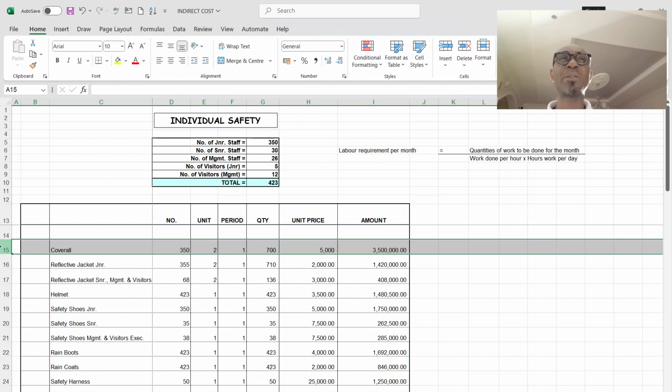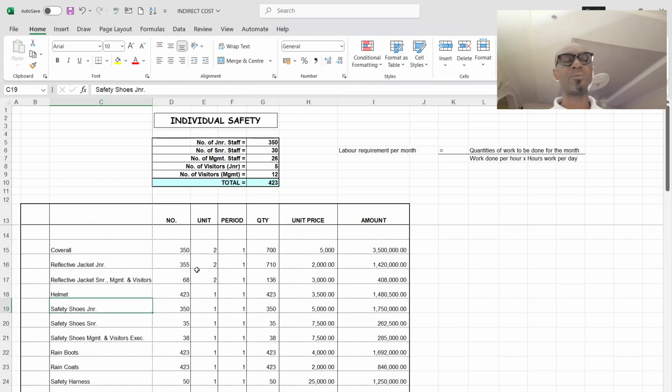If that is the requirement on the project, that they must wear overall, and because it is a cloth material, it wears off. It is something you're wearing every day, and the person is sweating every day. The tendency for it to wear out very fast is there. So you must make provision for replacement.